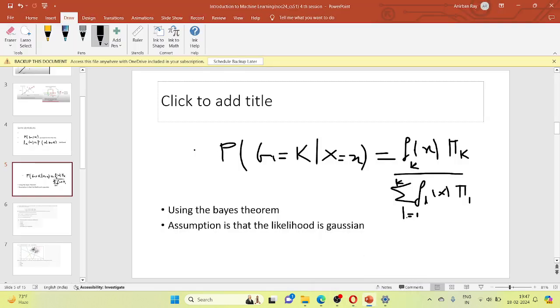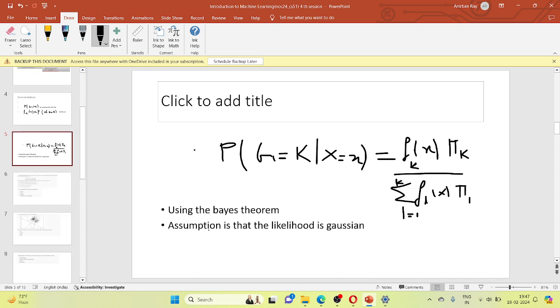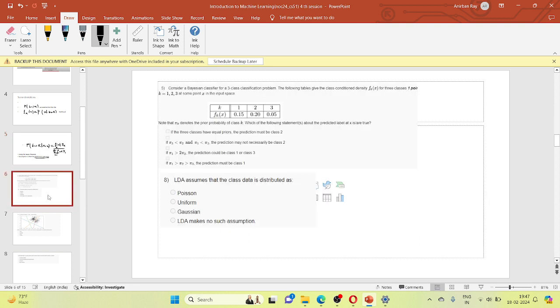Okay, so we do this. The detailed derivation is there. And the assumption of linear discriminant analysis is that this likelihood is Gaussian. This f subscript k, this was the question of the doubt previously.